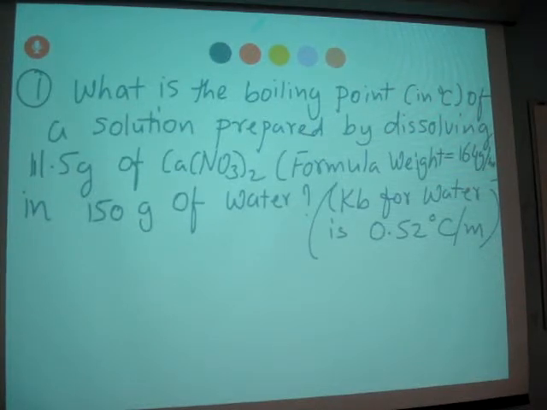So first we need to decide: is Ca(NO3)2 ionic or covalent? Is it an electrolyte or non-electrolyte? Electrolyte. If it is an electrolyte, we need to involve i. How many ions does it give?